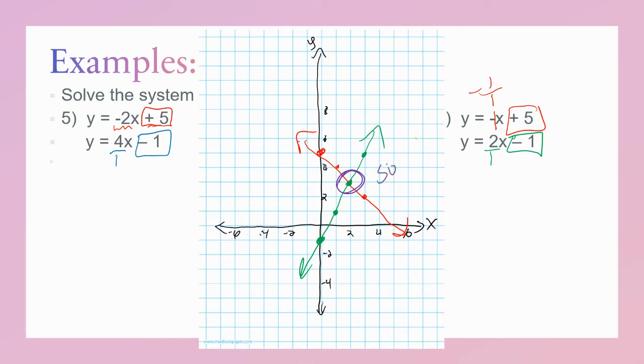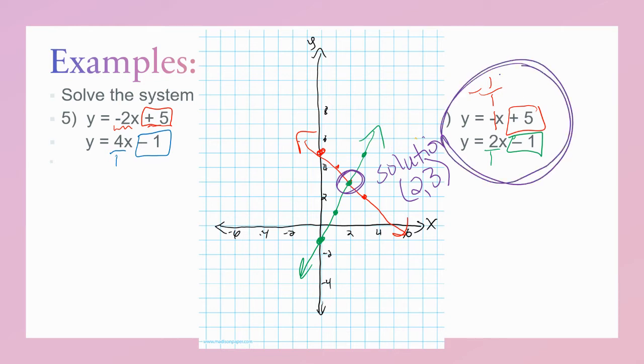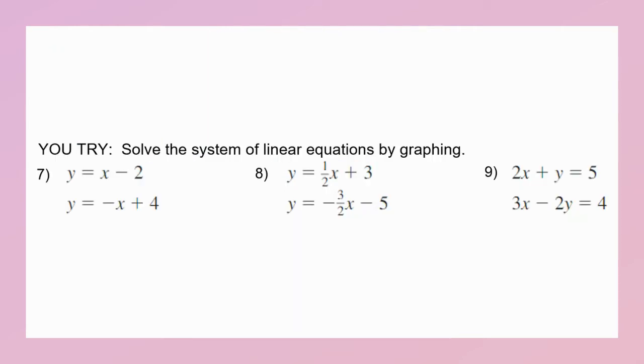So that is my solution. And that ordered pair is 2, 3. Now you can check these to make sure that your ordered pair is a true solution by plugging them into the equations that you used to graph. Please try number 7 for next class.